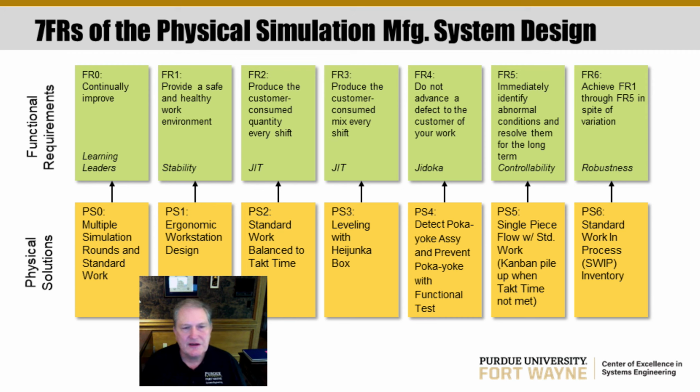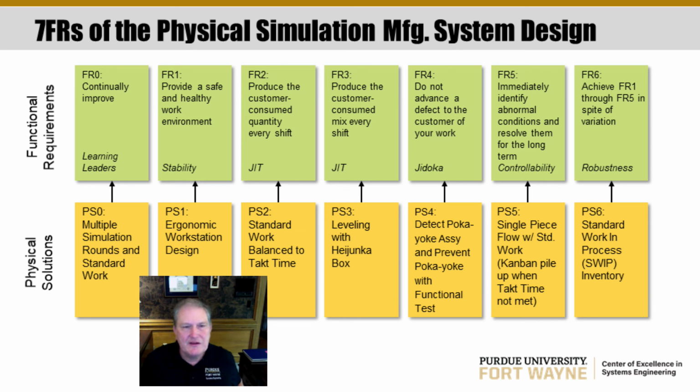We also looked at the importance of how the pull system works: if Kanban cards were to pile up in front of inspection or in front of assembly, we would know that there's some type of delay in the system. And finally, the standard work in process inventory and the pull system is a means of dealing with the impact of variation that will inevitably exist within a manufacturing system as we go forward.